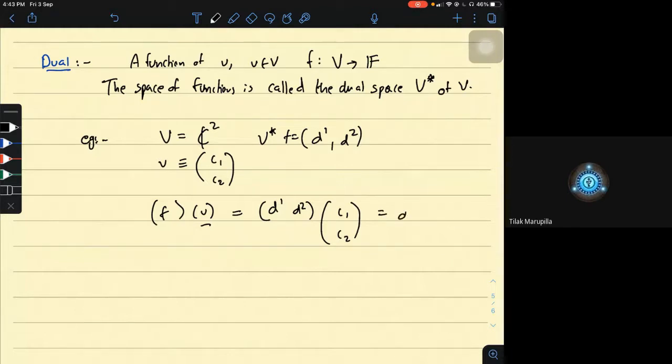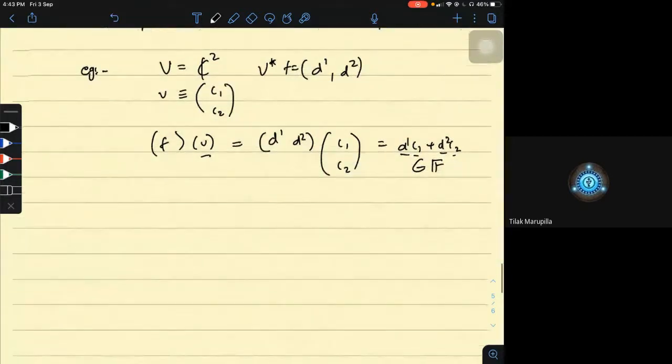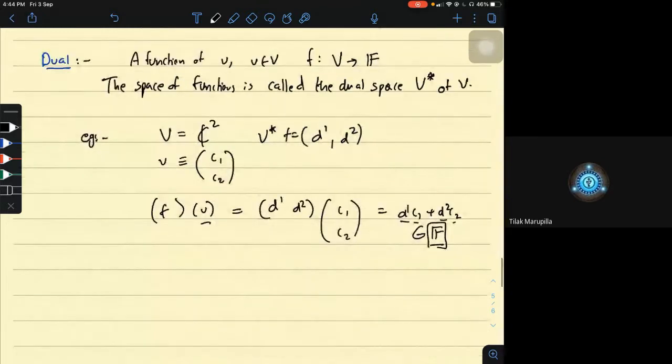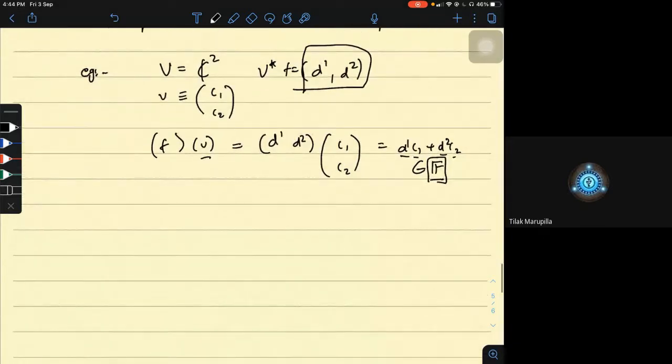So this will give me d1 c1 plus d2 c2. So this belongs to the field f because all these products are scalar. These all are scalars belonging to the field. Thus, the product of scalars also belongs to scalar, and that is the field f. So thus, this is a dual of the vector. This belongs to the dual space of the vector space.